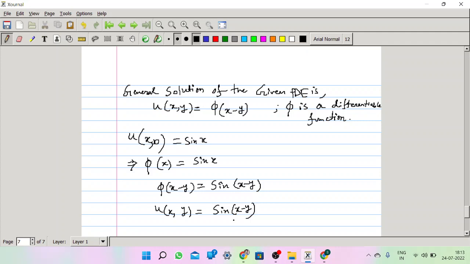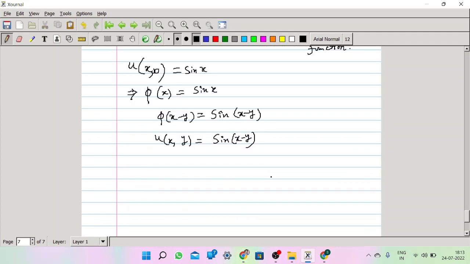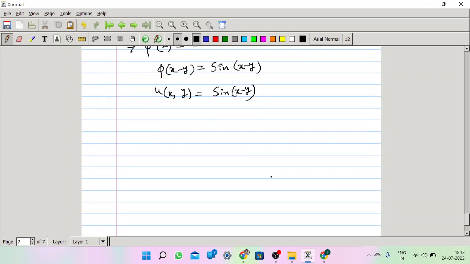Now I have to find what is u of 0 comma y. By putting x equal to 0 I get sine of 0 minus y, that is sine of minus y, which is minus sine y. So my answer is option B, minus sine y.